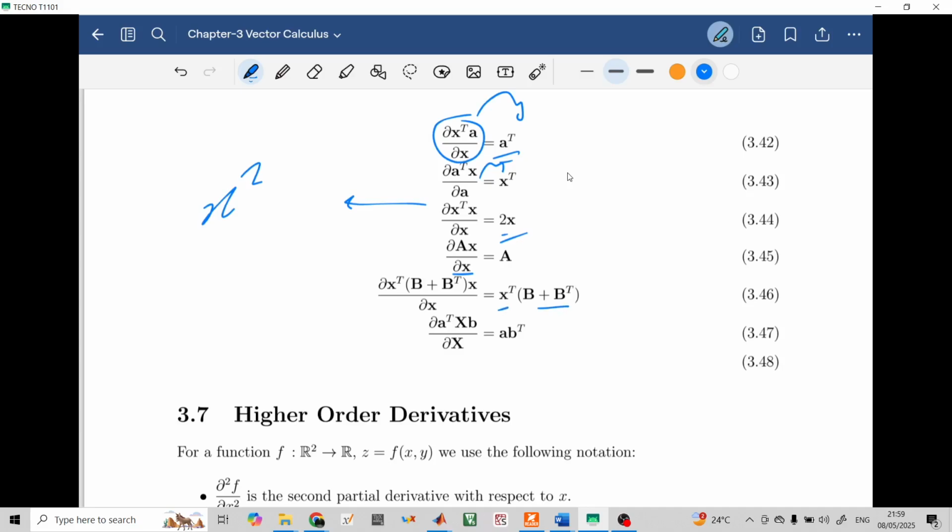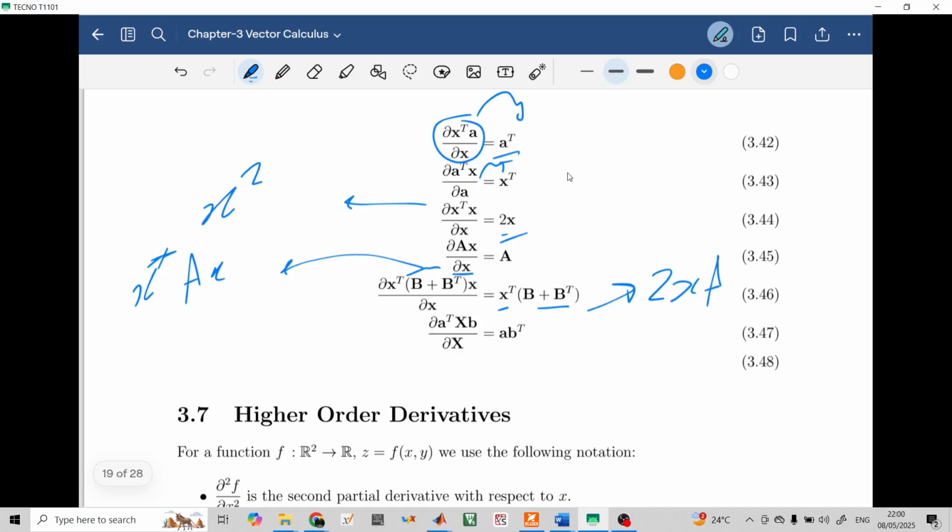So let's say that we have this, let's call it matrix A, so we get x transpose A x. If you take the derivative of this thing, you get 2x times A, right?